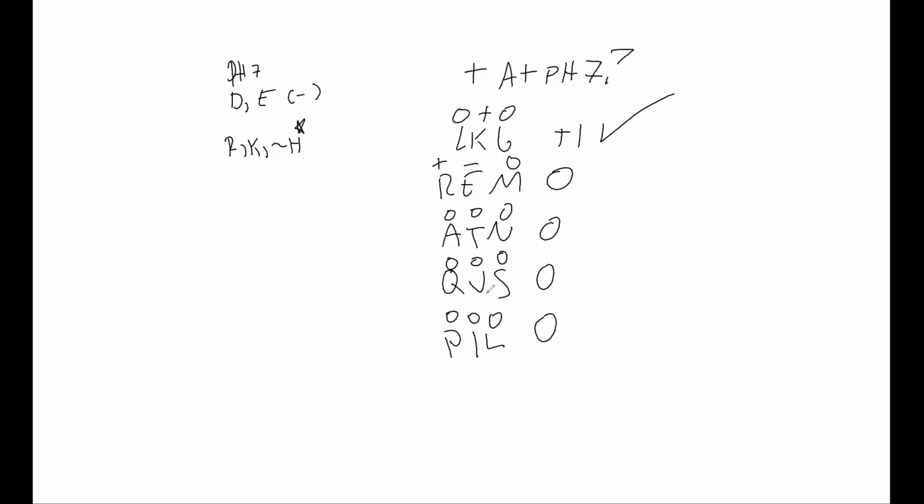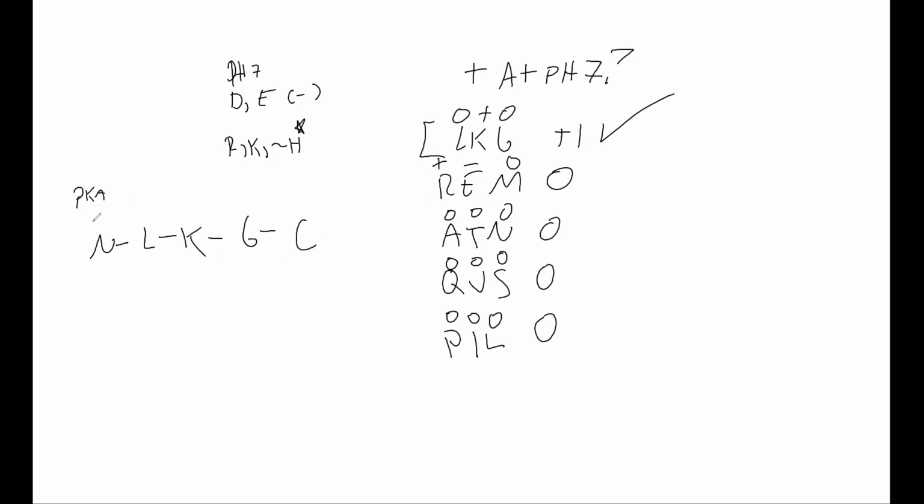So that's that question, but I'm going to expand this a little more because I do want you to know the charges of peptides at different pHs. So let's look at LKG. Remember, every peptide has an N-terminus and C-terminus.